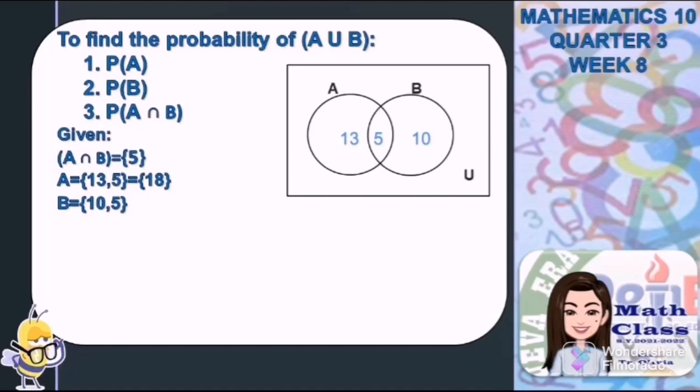Likewise, for set B, we're going to list the elements, which are 10 and 5, and after that we're going to get the sum. So 10 plus 5, that is equivalent to 15. Very good.